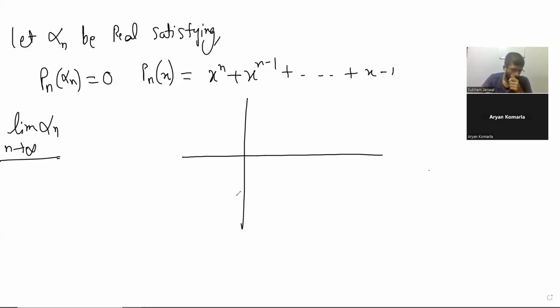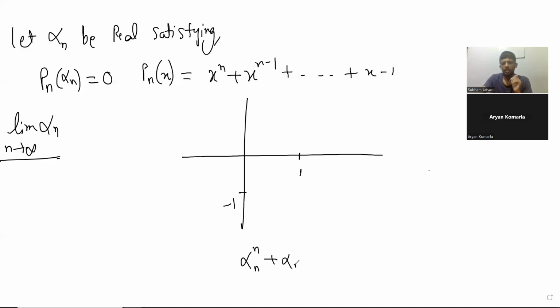So we have a real root between 0 and 1, and that is our alpha n. As you increase n, you are decreasing x to the power n, but you're also increasing the number of terms. So there is a balance.